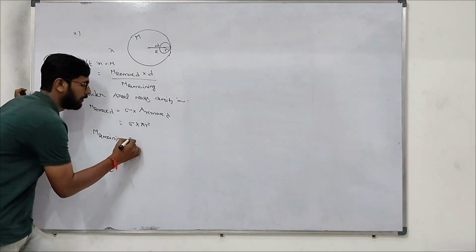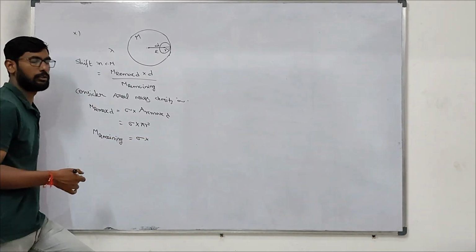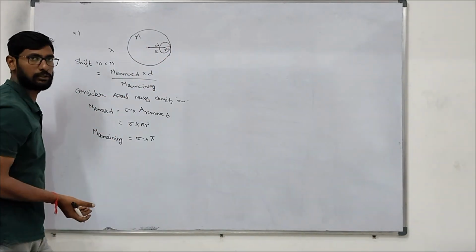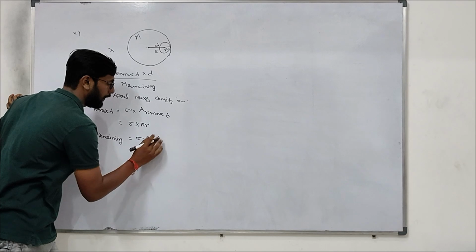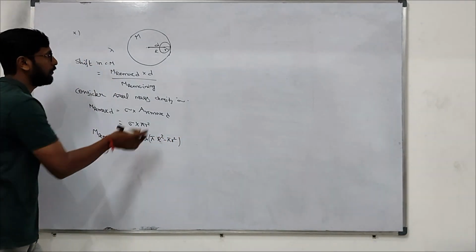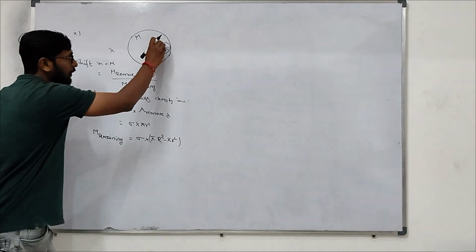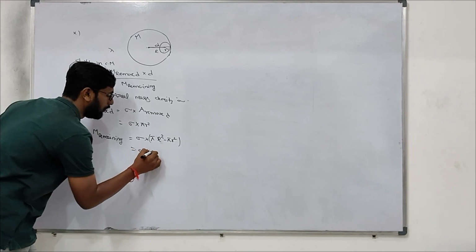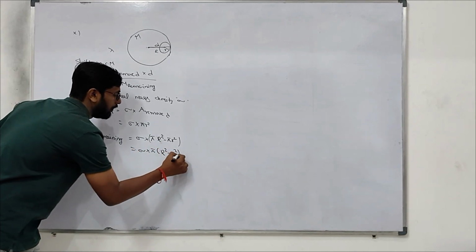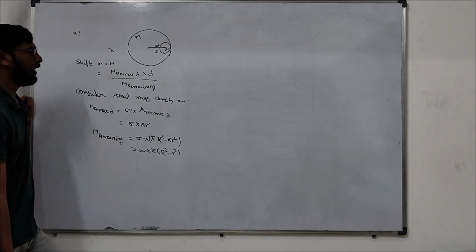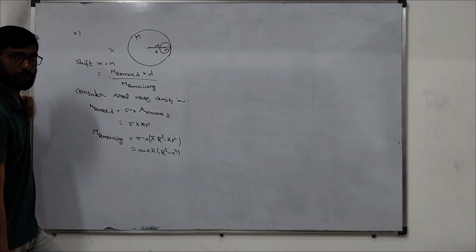Remaining mass will be what? Sigma into area of remaining portion, area of total minus area of this, right? Pi R square minus pi r square, because total area is pi capital R square, minus removed portion small r square. So sigma into pi, R square minus r square, right? Distance d is given as d. Sometimes it may be given as r by 2, or 2r by 3.